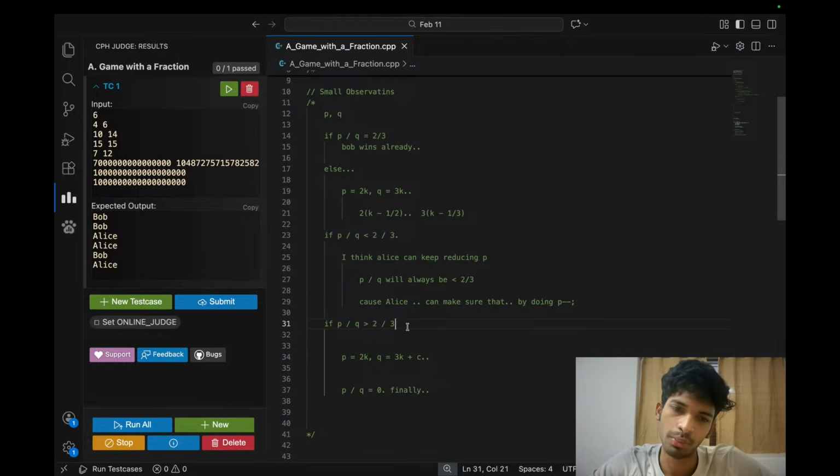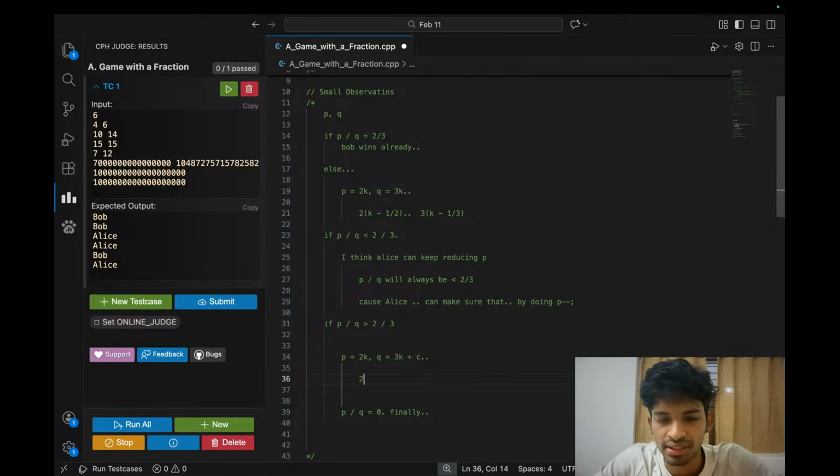So if it is greater than 2 by 3, what are they doing? One person can change this value by half. The other person can change this value by 1 by 3. So these are the only operations they have, right?